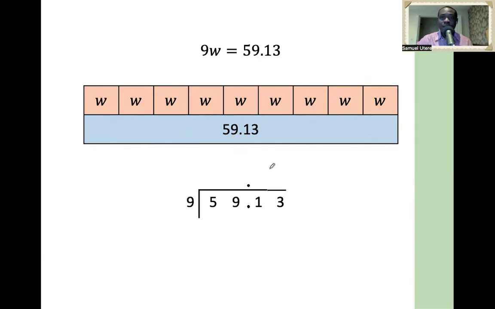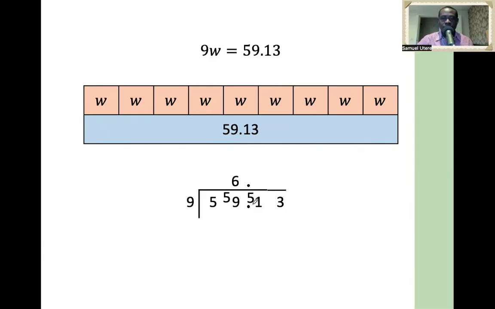And we'll do exactly what we were doing before. So let's do it. We cannot divide 5 by 9, so we'll skip that, shift the 5 over there. That's 59. 59 divided by 9 is 6 because 9 times 6 is 54. We have a remainder 5. Remember the decimal points have to line up.